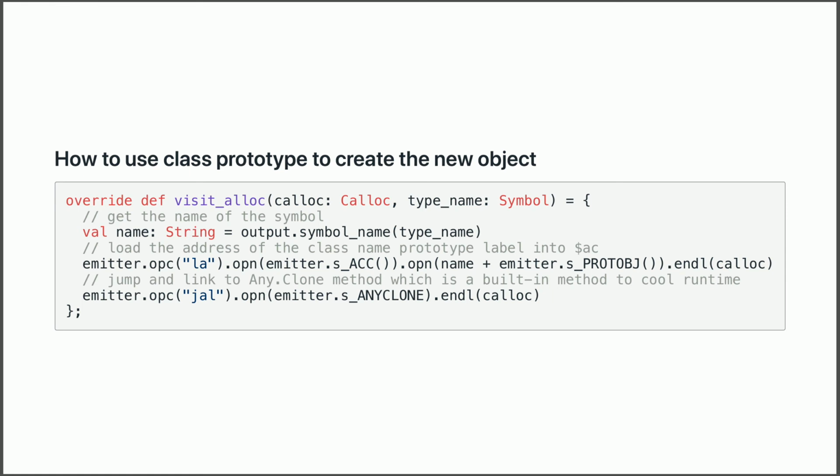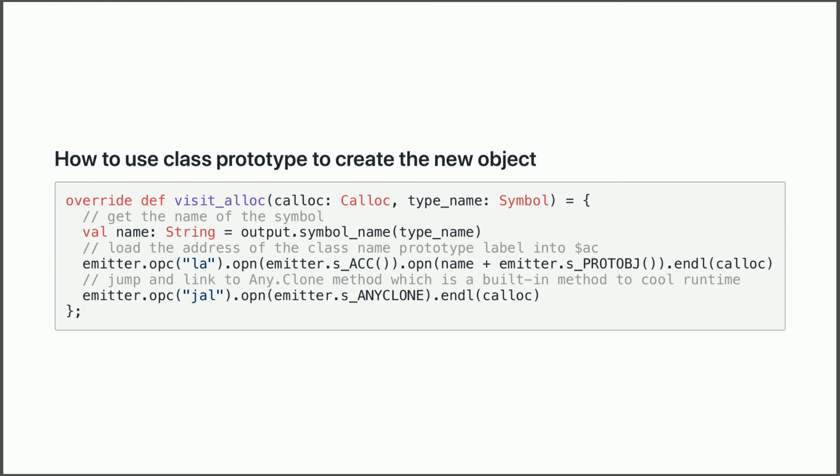In visit alloc, which is a visitor pattern method for allocating some new of something, we have the class name, the new of whatever the type name is, and it's a symbol. I need to get it as a string, so convert it to the name as a string.